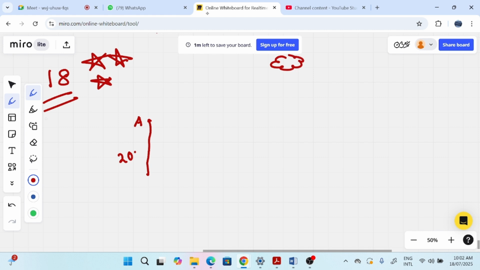Looking at the cloud, it is making 30 degrees. Let me draw a straight line. 30 degrees. So this is here. Now what happened? The angle of depression of the reflection of the cloud in the lake is 60. Not that easy.